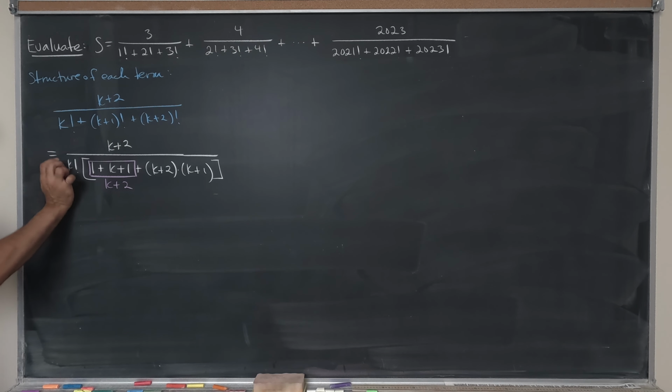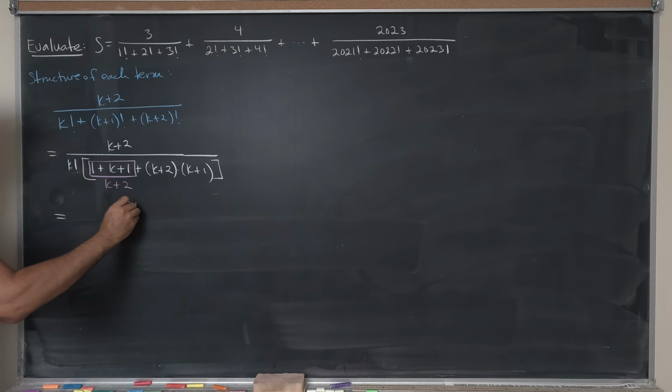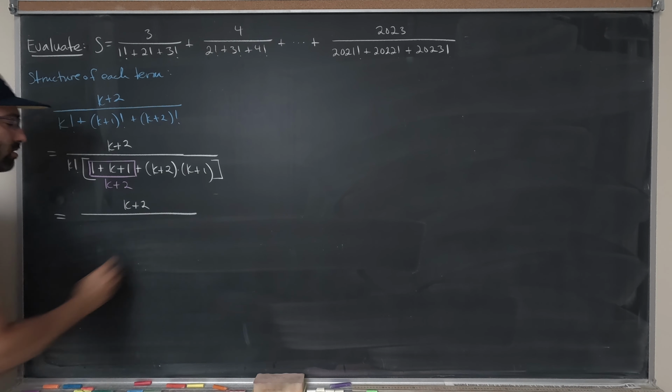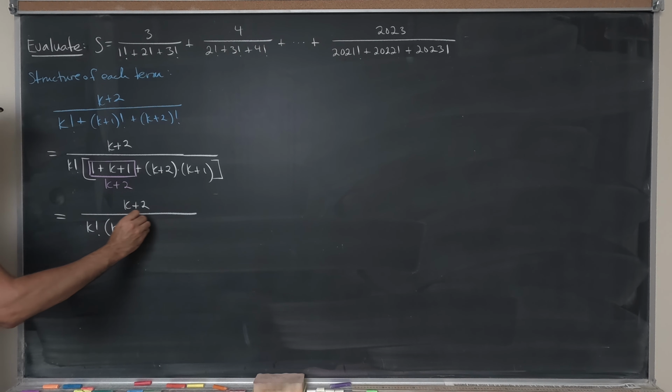So if we take that as a hint, we have a common factor, k plus 2 here and k plus 2 here. Let's factor that out in the denominator. So we have k plus 2 in the numerator, then k factorial downstairs, and now we're factoring out a k plus 2.